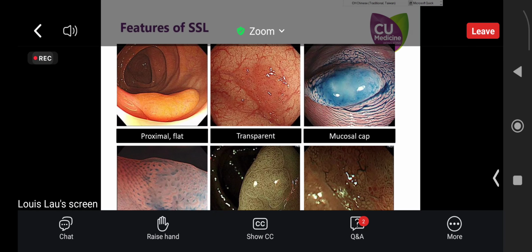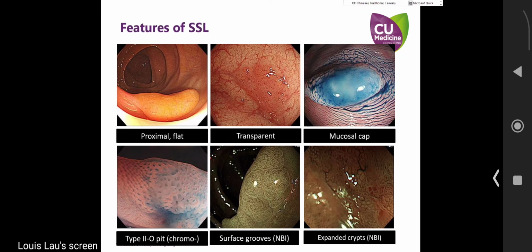So when you see a nice one lesion or a JNET1 lesion, it is not necessarily benign. You should look for all these additional features to determine whether this is a hyperplastic polyp or SSL.